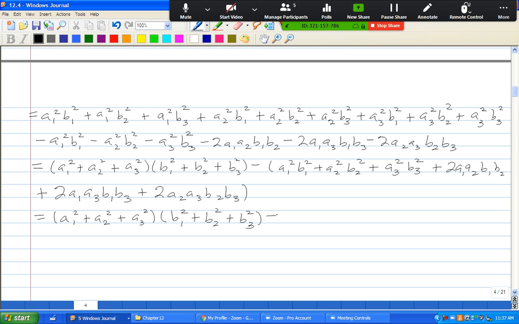minus, okay, so now I'm going to have to write it somehow. So let's write it this way. A1 squared B1 squared is A1 B1 times A1 B1.